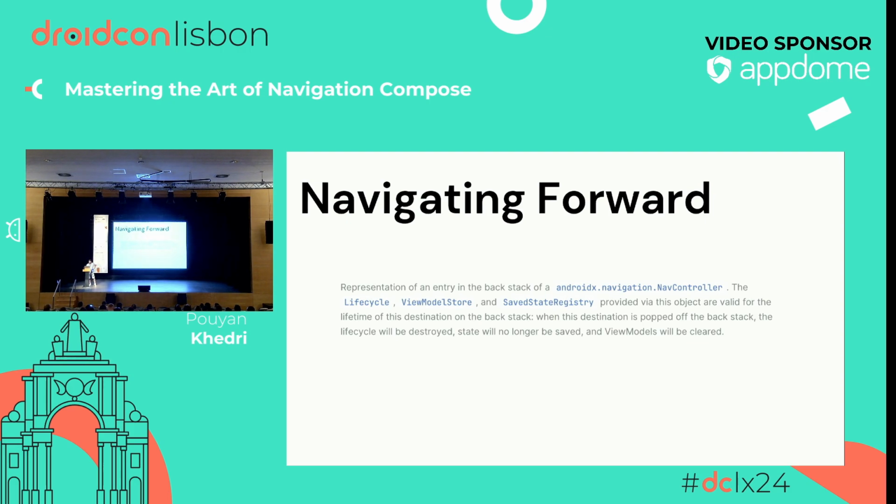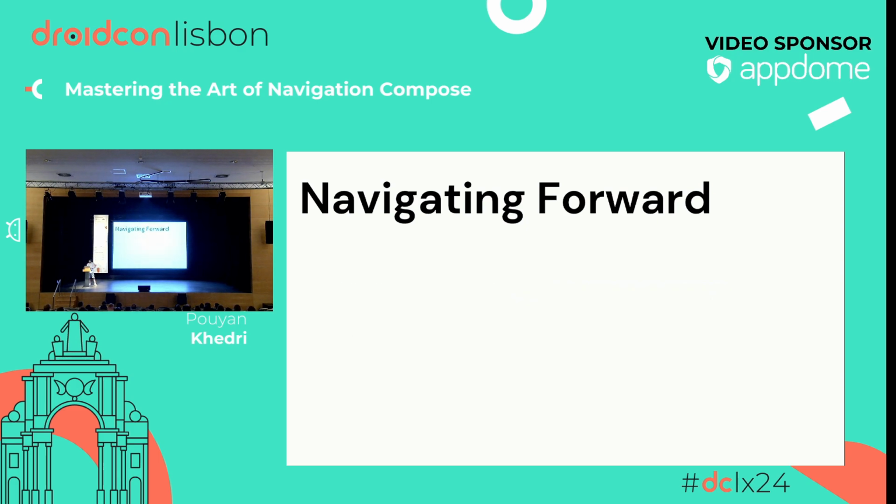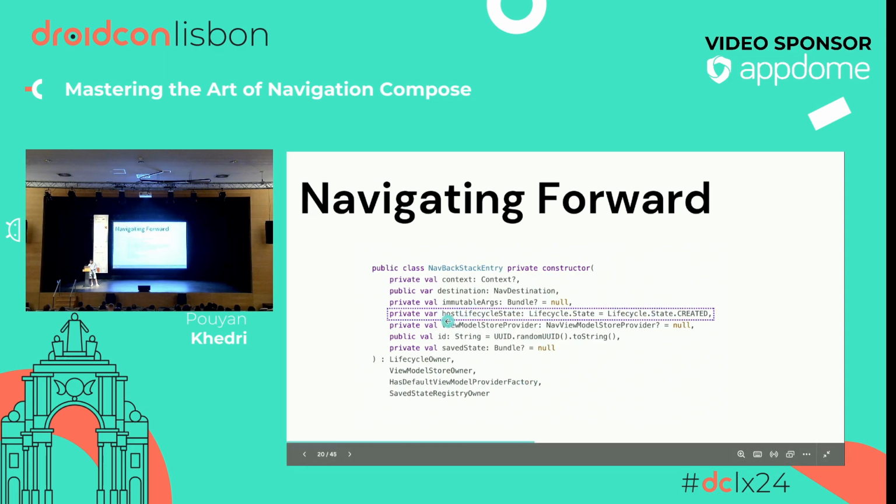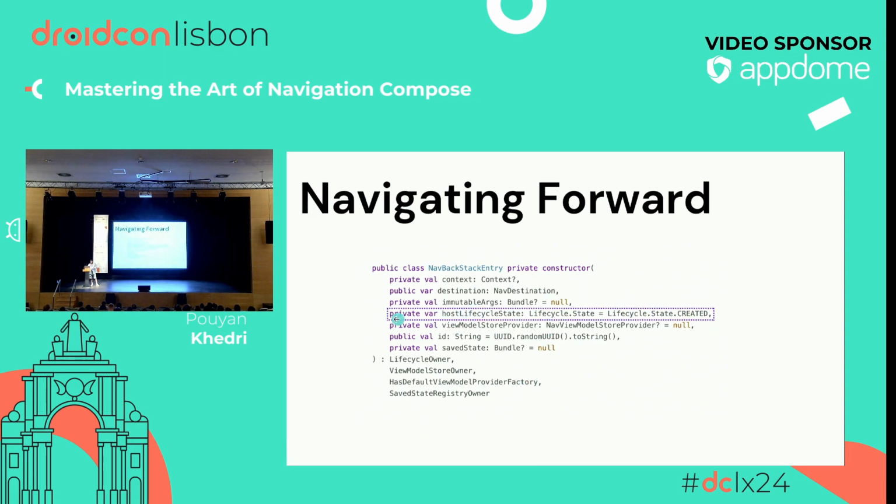But reading further, it says it also provides lifecycle, the view model store, and the saved state registry to a node in our nav graph. So basically, if we look at the implementation of this class, it receives a bunch of parameters, one of them being the lifecycle state. So it is controlling the lifecycle of our screens or our nodes while we are navigating.